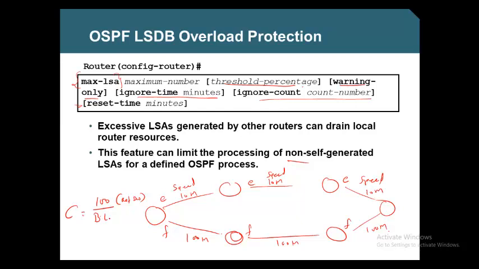Cost is equal to 100 by the bandwidth on the link. Now let's see for this link. Cost is equal to 100 by 10. What is the answer? You get 10. So the cost on that link is 10, 10, 10.